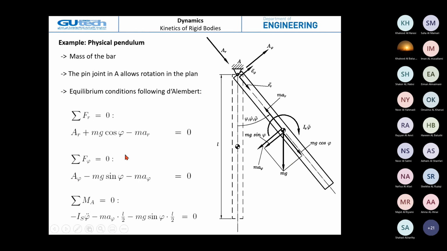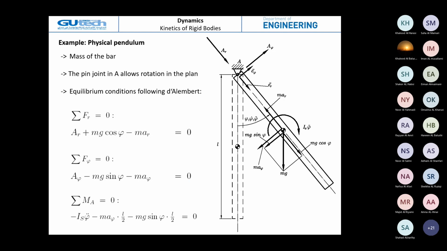The second one, we have the same principle, A_phi, and we have minus m a_phi, the inertial force along the circumferential direction, and also minus mg sine phi, and this is equal to 0.